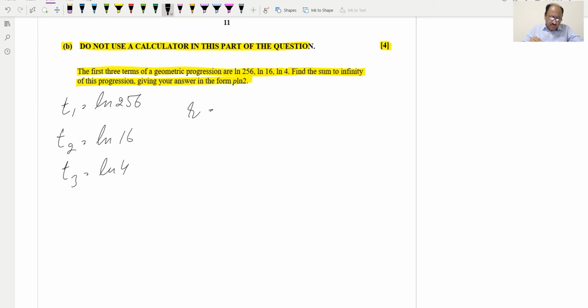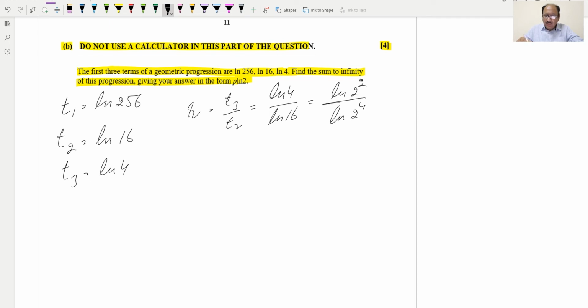Our common ratio we can find, which is t3 over t2, or we can write t2 over t1, whichever. So I'm writing t3 over t2, which is equal to log of 4 over log of 16, and we can write this as log of 2 squared over log of 2 raised to the power 4.